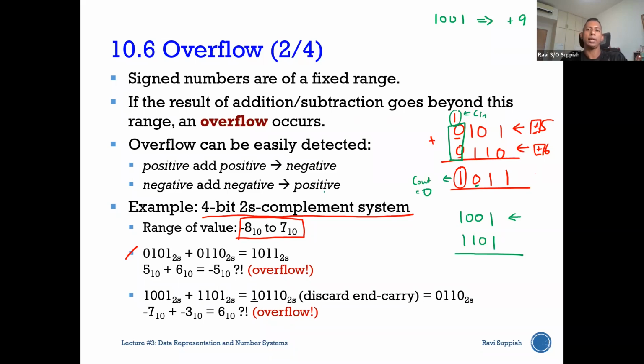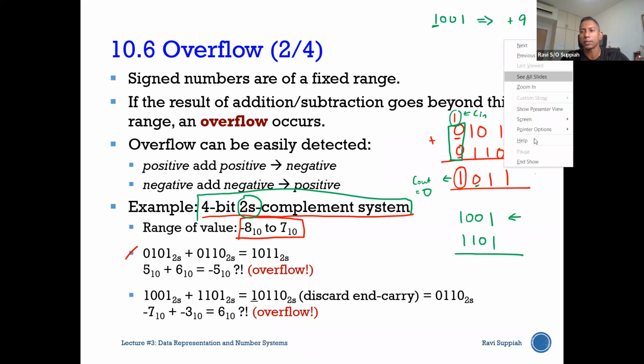Why? Because again, we are dealing with a 4-bit 2's complement system, which means that the moment I say 2's complement, if the most significant bit is 1, it is a negative number. So this representation 1001 cannot be plus 9.